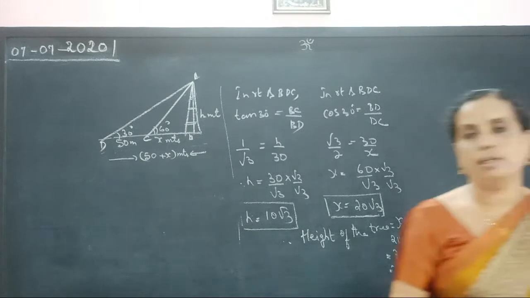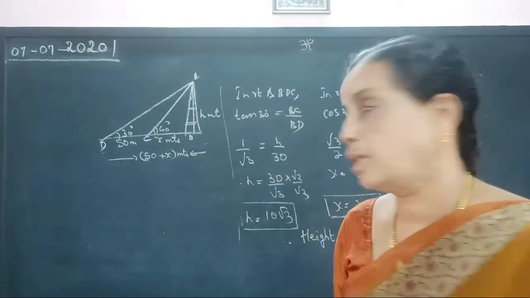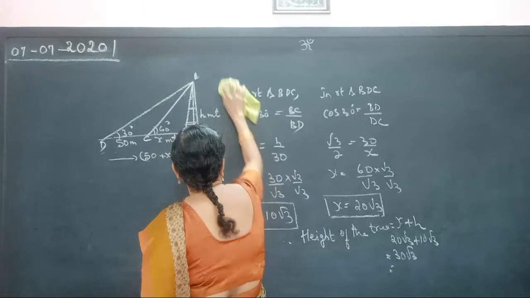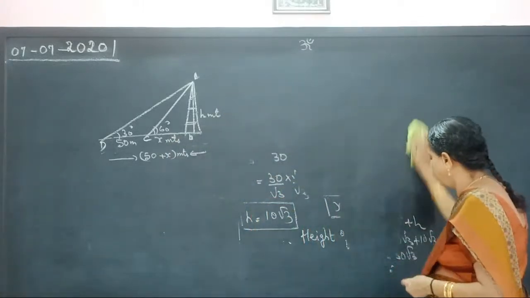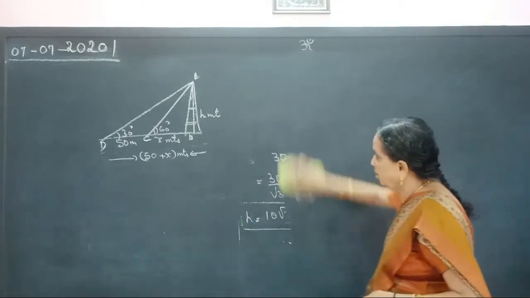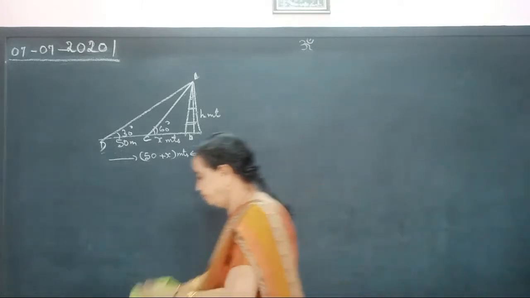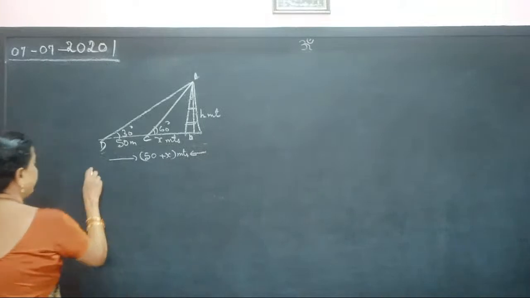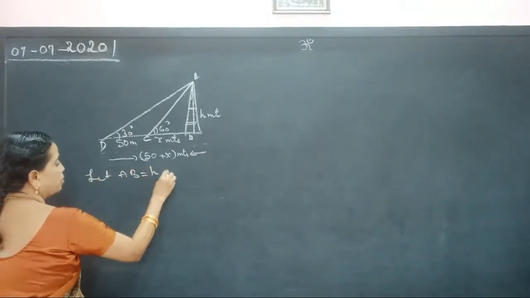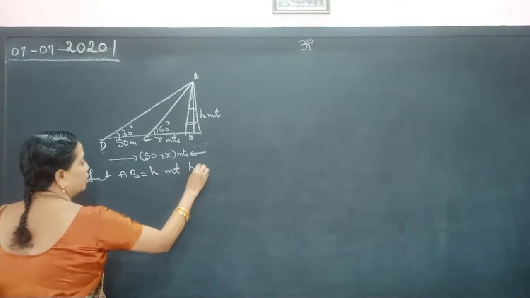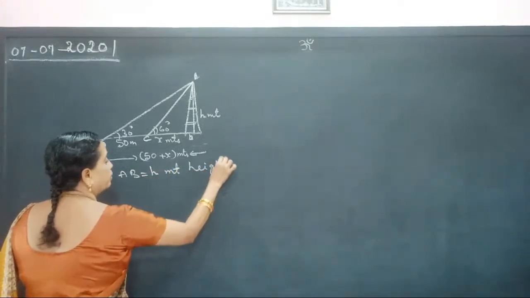Now with the figure, let us write its description. What is the first description we should write? Let AB equals h meter, height of a tower.